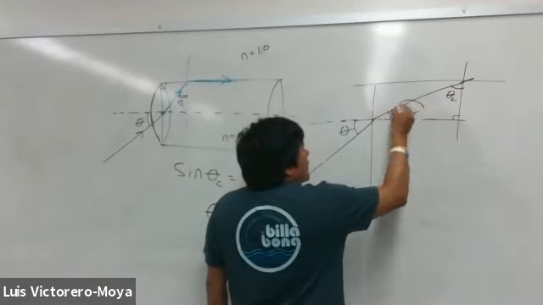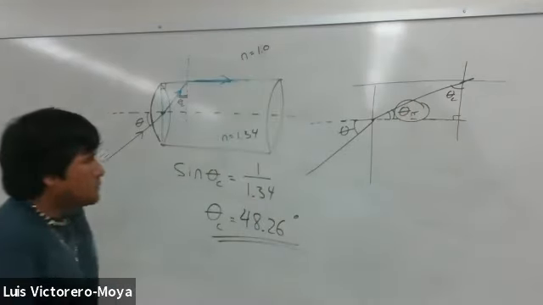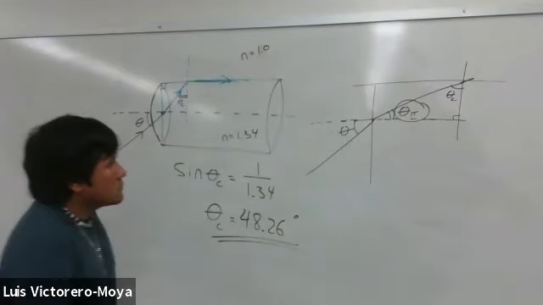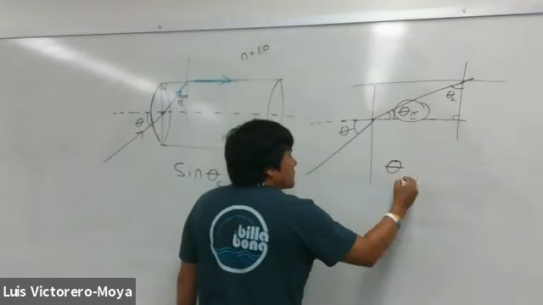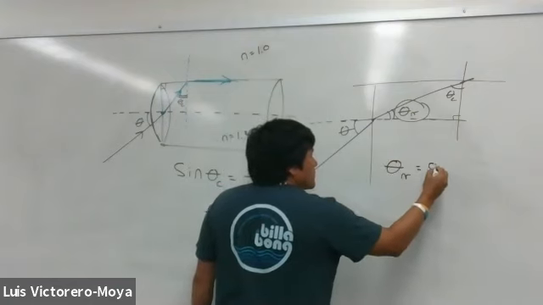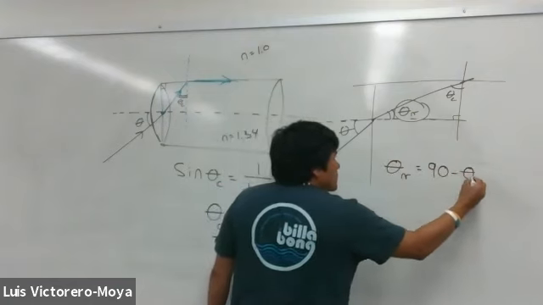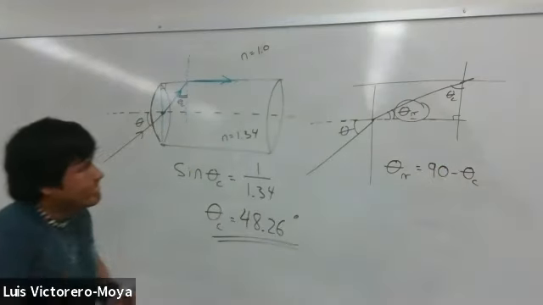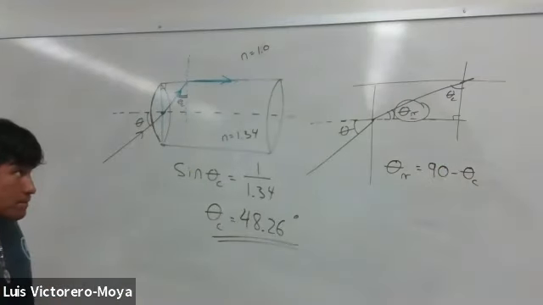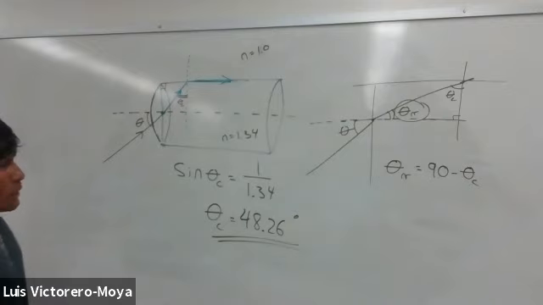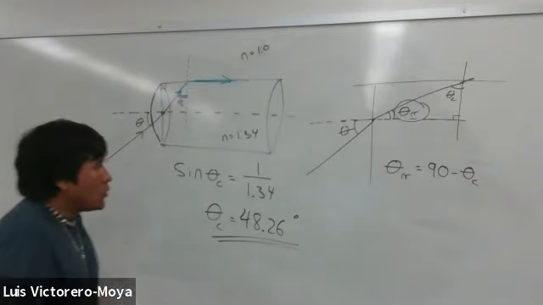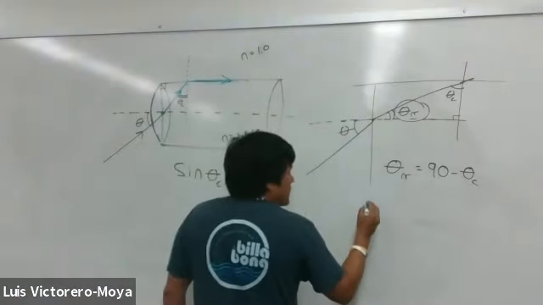90. How do you find theta r? Right? It's the complement. If you find a complement, you find theta r. And then what do you use? Snell's law.